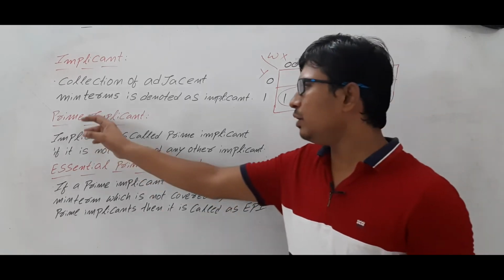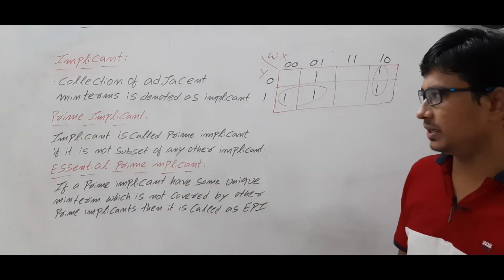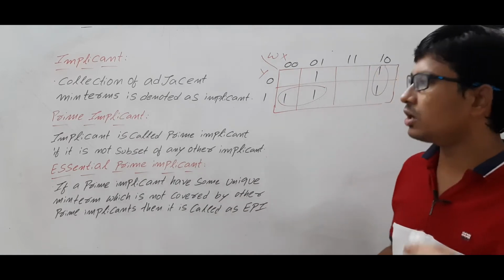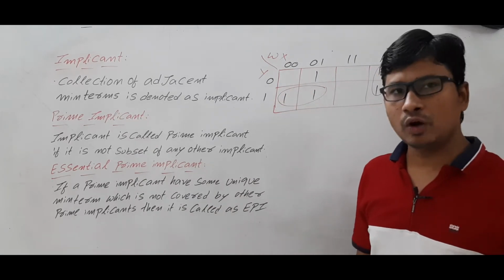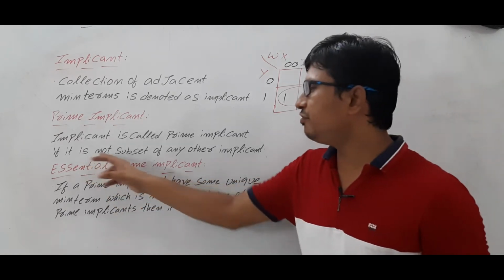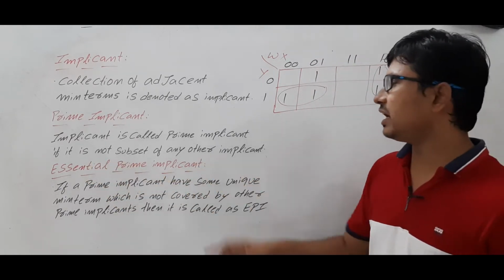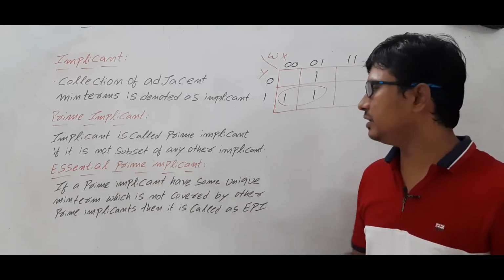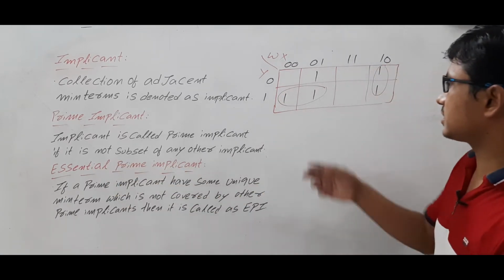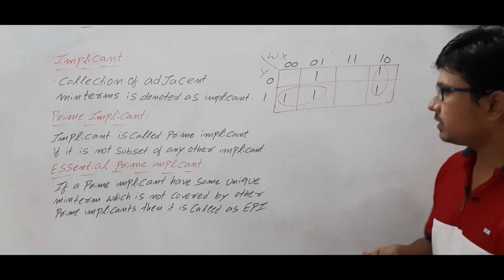Okay. Now let me define what is a prime implicant. Any implicant can be called a prime implicant if it is not a subset of any other implicant. Let's take this case. This is one implicant.